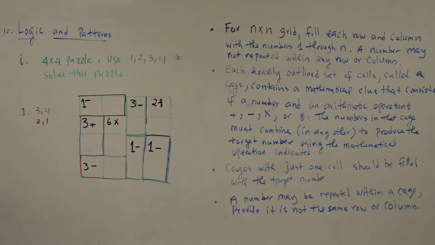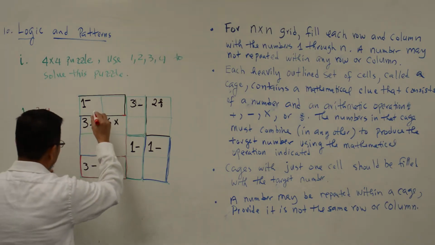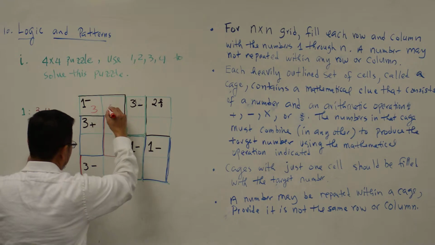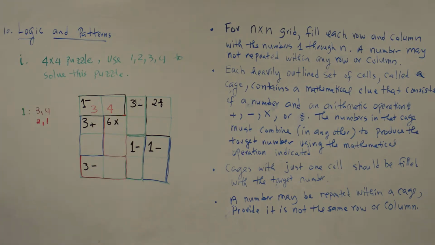So let's say I pick 3 and 4 here. I pick 3 here, and this is 4.